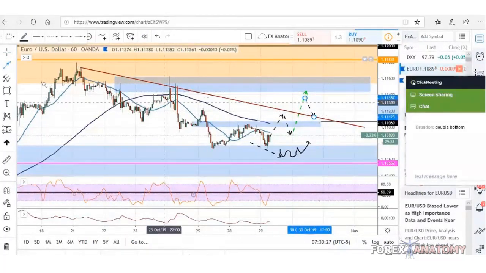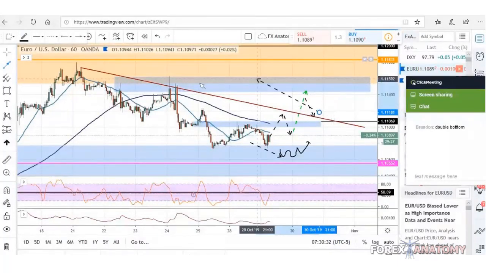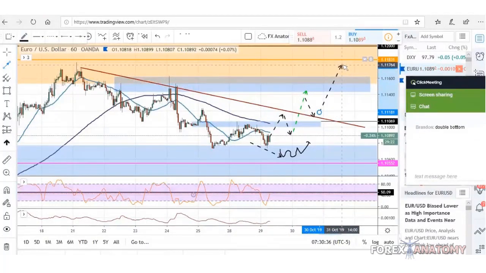So you can also trade it like that as well, and then trade it higher, either up into this area right here, or you can shoot for these highs up here. So yeah, that's how we're going to trade the Euro USD.